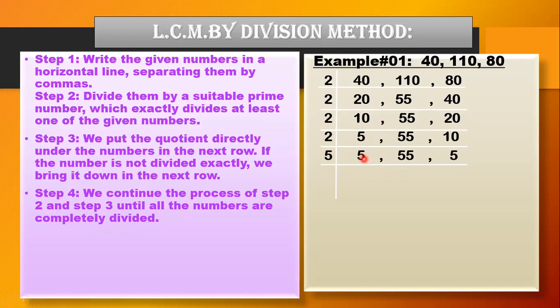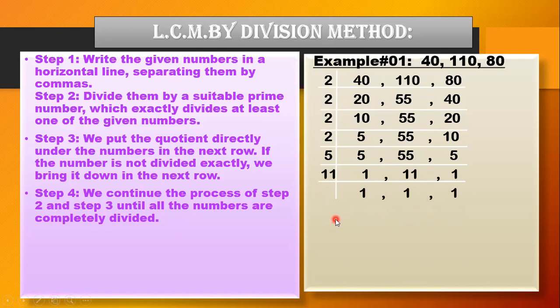Then we are taking the next prime number, that is 5. So 5 1 time is 5, 5 11 times is 55, then 5 1 time is 5. 11 is also a prime factor, so take 11 as a prime factor here. 11 one time is 11. So these are the prime factors.